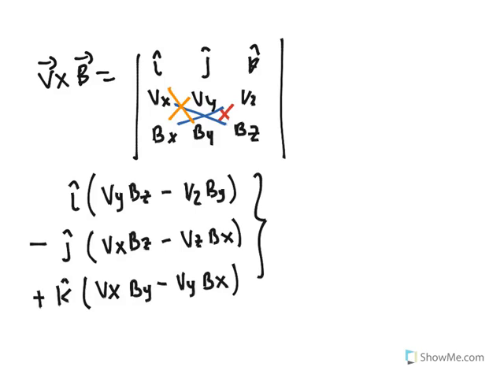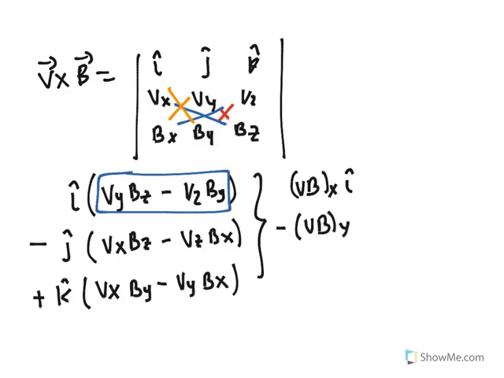So this just gives me, for instance, component X in i, given by the sum of these two terms, plus the component in Y in j plus component Z in k.